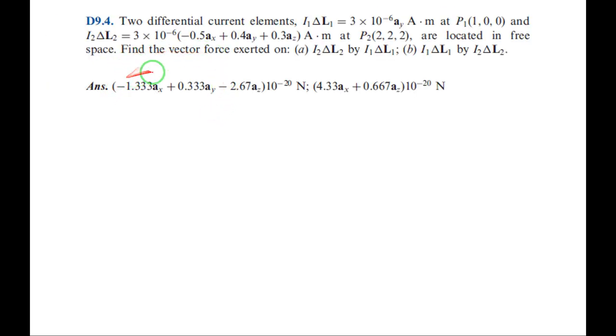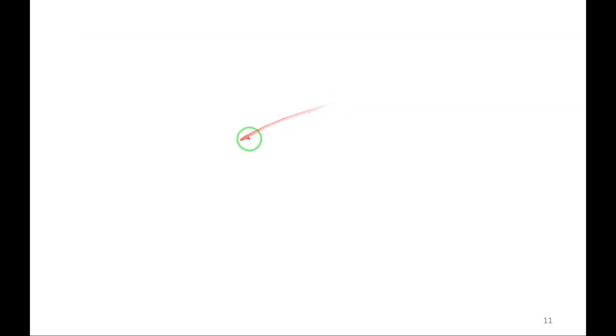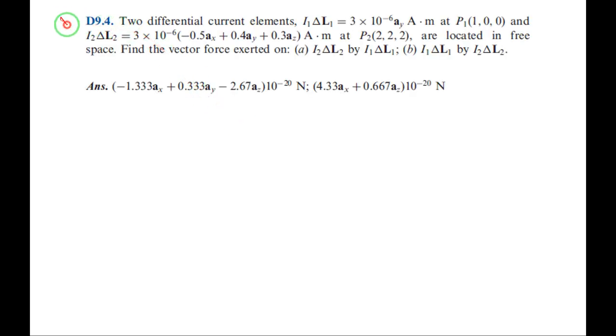Next. Already we have found out DDF2. Let us take one more problem in which we will come across the DDF1 formula. Two differential current elements, I1 delta L1 given at this point and I2 delta L2 given at this point, are located in free space. Find the vector force exerted on current element 2 by current element 1.